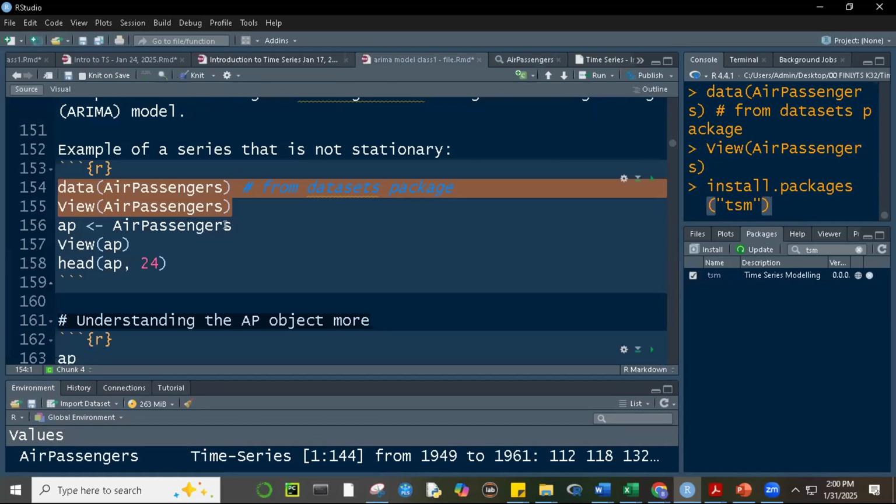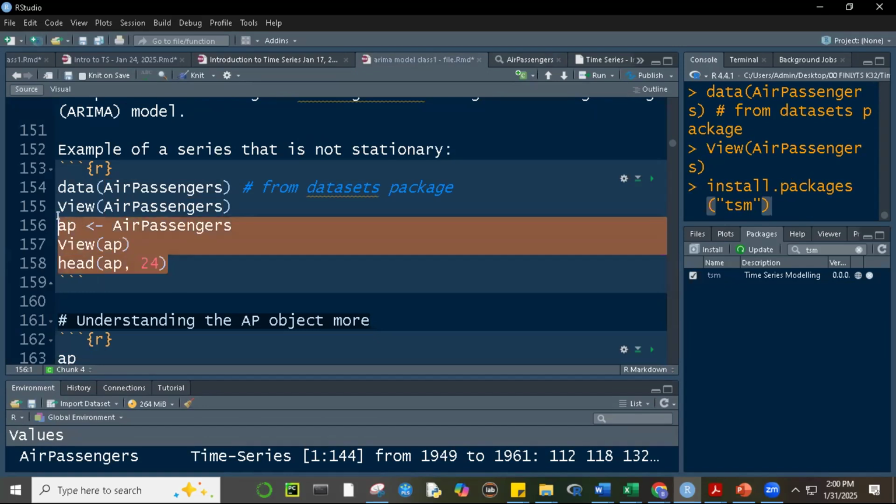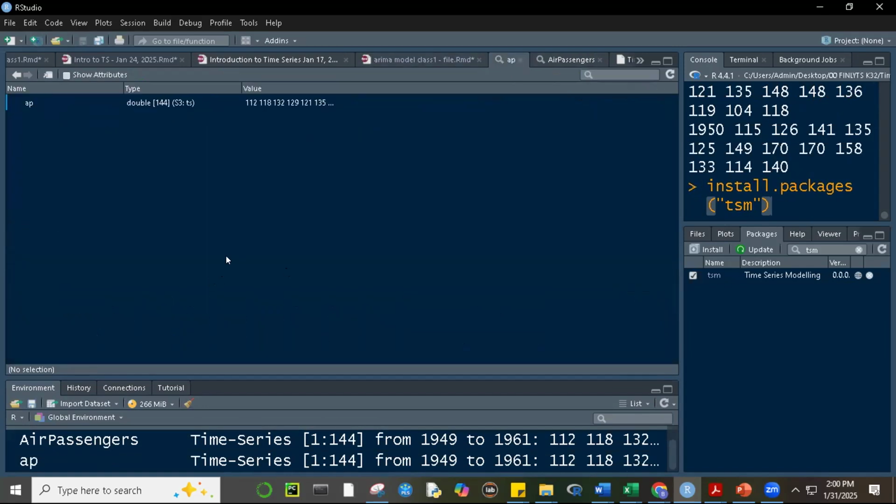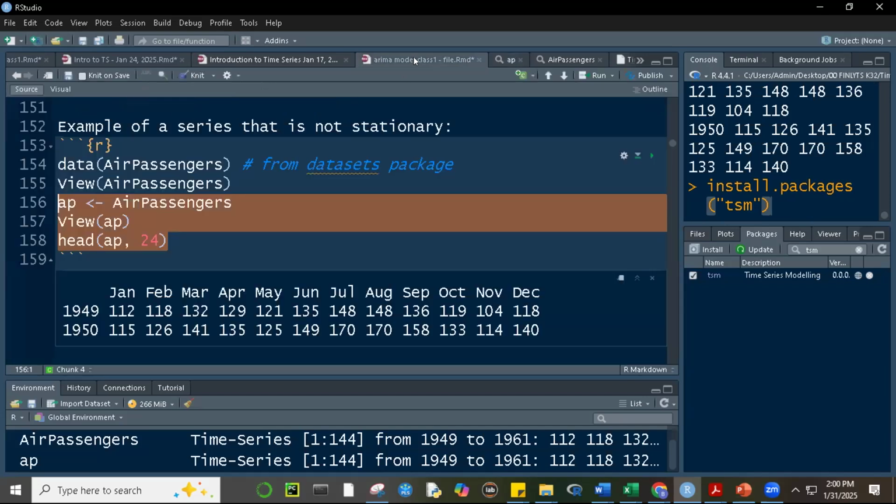So we'll create an object called AP, and it's the same content as air passengers. Let's view, and then get the first 24 observations of this, Control Enter. Here is our view, and our head is here, the first 24 observations from 1949.